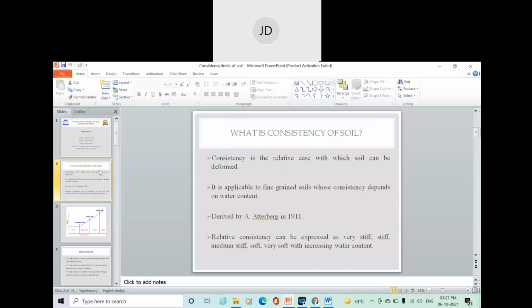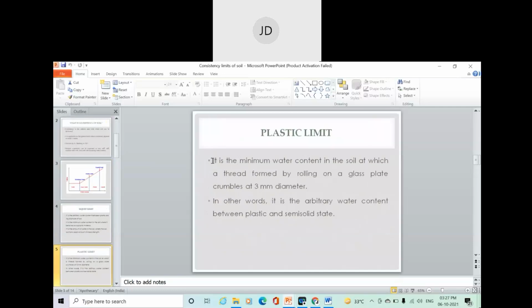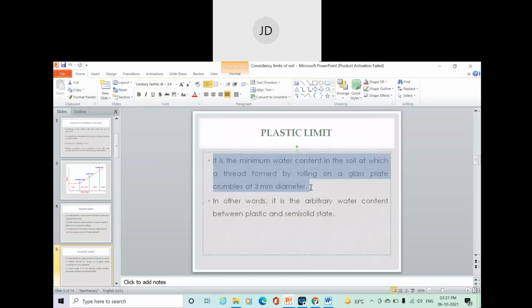Basically, this statement is to derive the procedure of determination of plastic limit in the laboratory. You will not understand this now. I will give the video link on how to determine the plastic limit in the laboratory. After that, you will understand this statement.